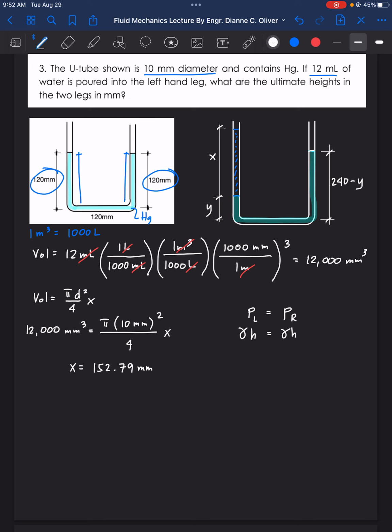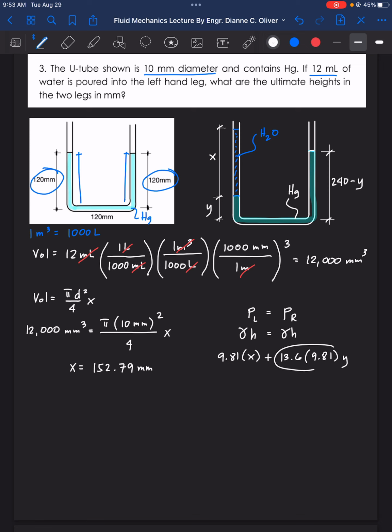We have gamma of water, so this is water, H2O, and this one here is mercury. So gamma for water is 9.81 times the height x, plus the gamma of mercury, 13.6 times 9.81, times y.